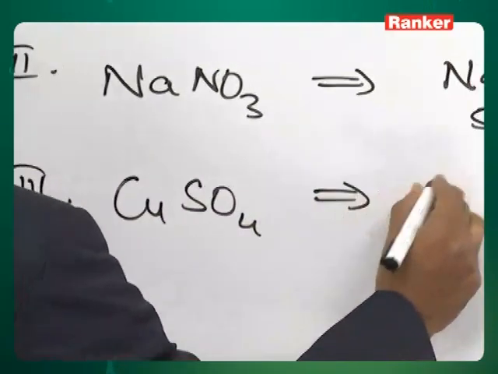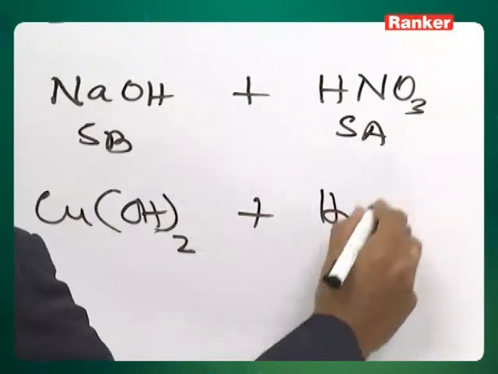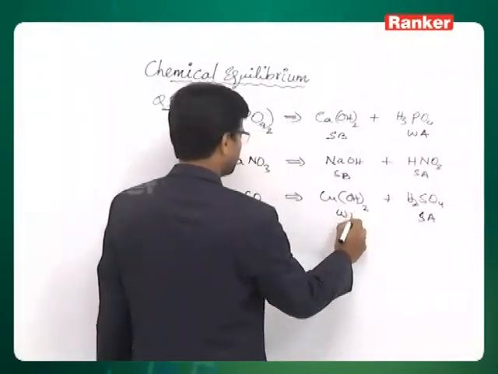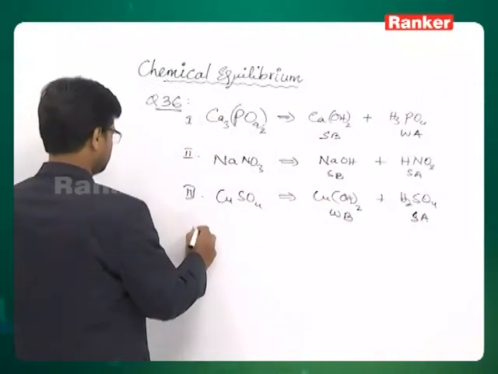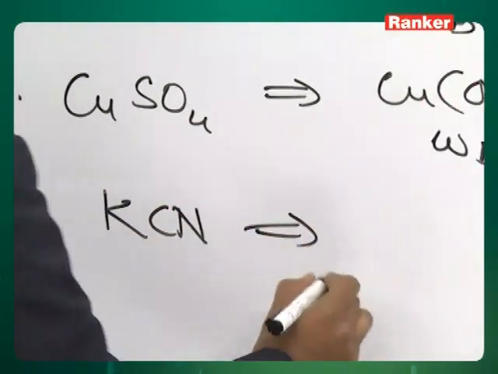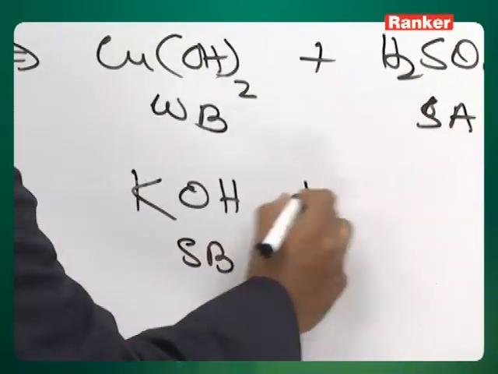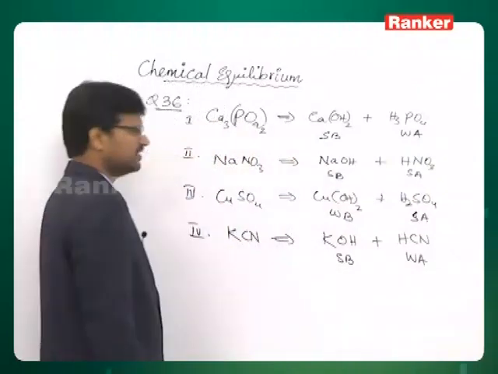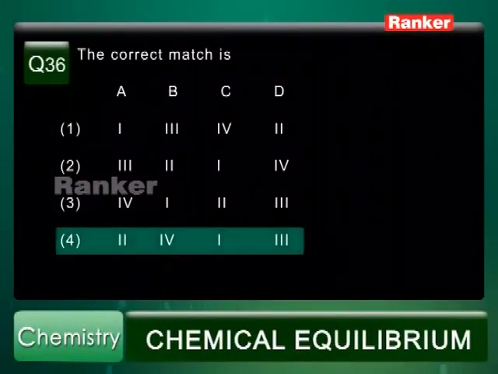This is a salt of cupric hydroxide and sulfuric acid. Sulfuric acid is a strong acid, cupric hydroxide is a weak base. Then the last one, KCN. KCN is a salt of KOH, which is a strong base, and HCN, which is a weak acid. So if you tally, you get the correct answer, the fourth option.